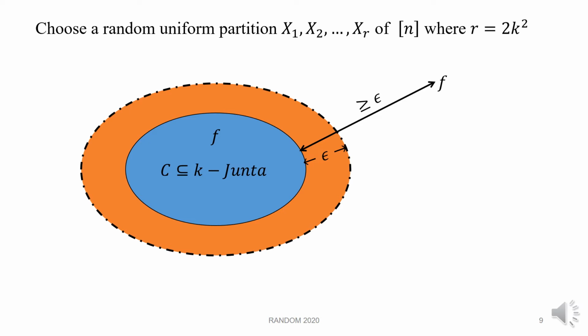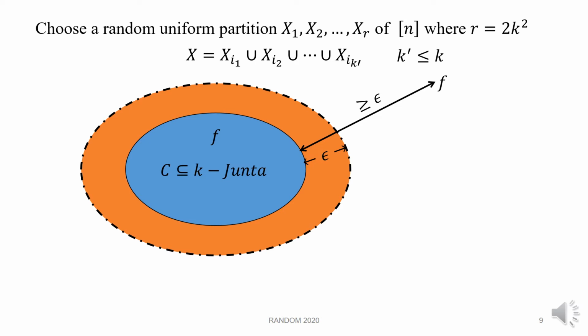Because if f is in C, then f has at most k relevant coordinates, and we want that with high probability every relevant coordinate of f falls into a different x_i. So from now on, we assume that if f is in C, then every set x_i contains at most one relevant variable. Now the tester searches for relevant sets x_i.